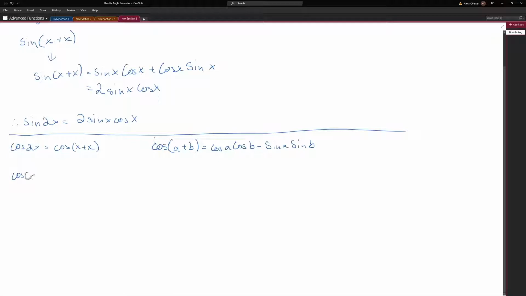So cos of x plus x is equal to cos x cos x minus sine x sine x, which when we realize that we're multiplying the same variables together, we have a square forming. So we get cos squared x minus sine squared x.